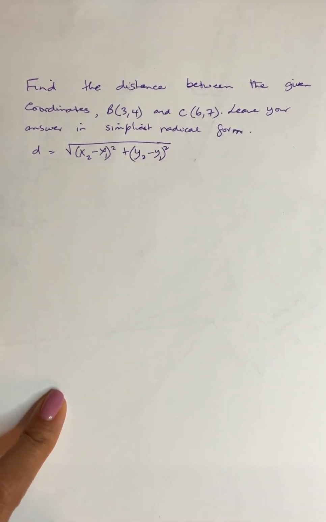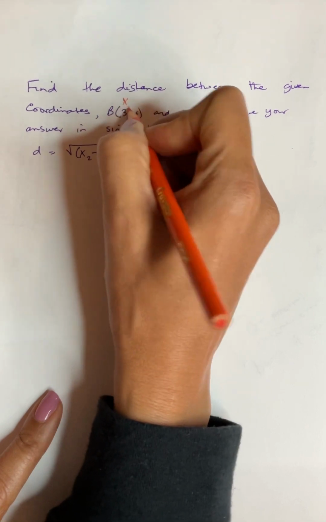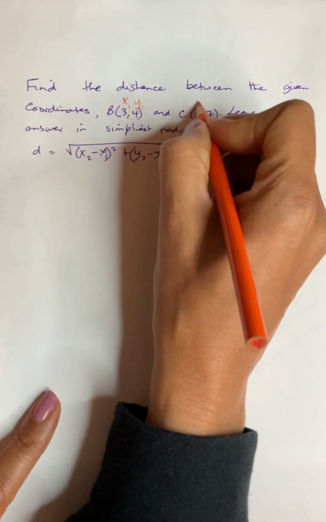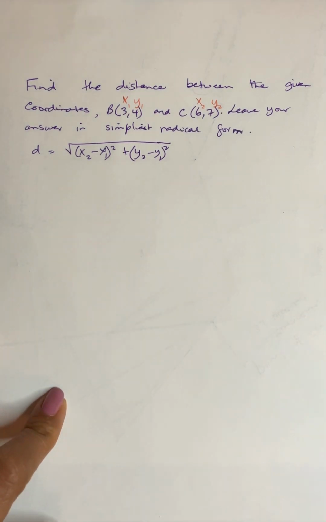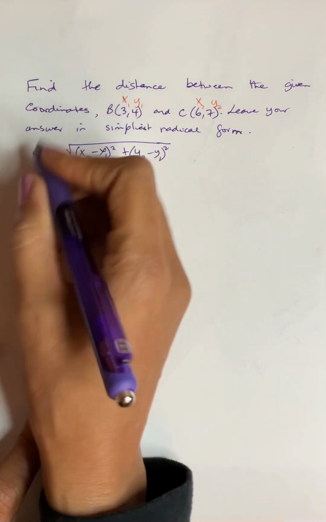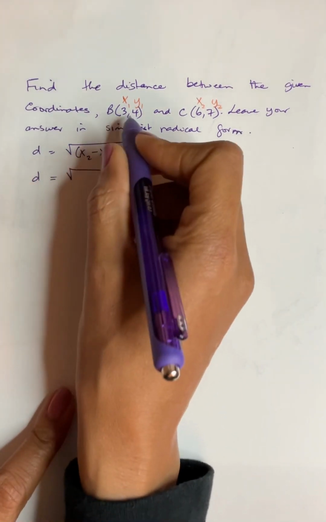Now, first thing first, I would suggest that you label your coordinates. This is x1, y1. This is x2, y2, so that you don't mix them up, because things do happen. So now I'm going to substitute my coordinates.